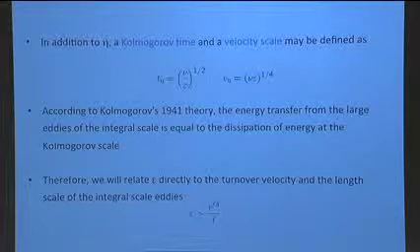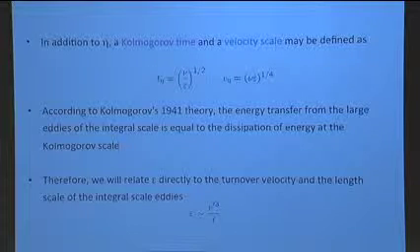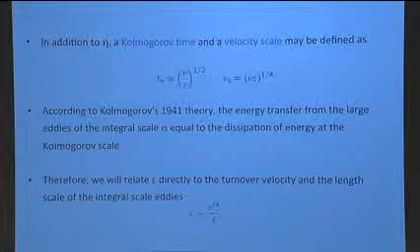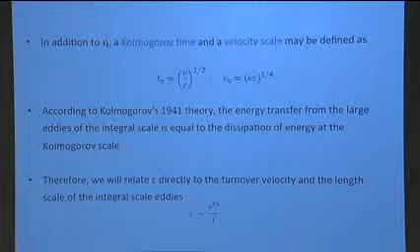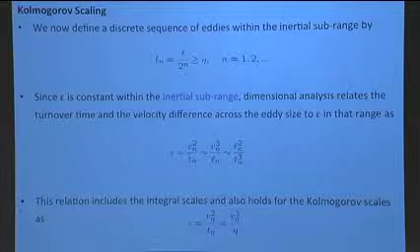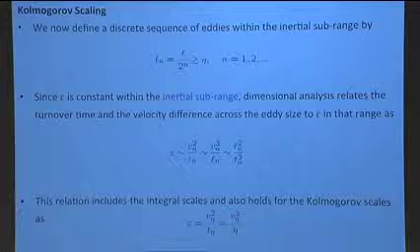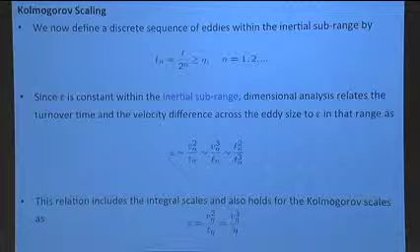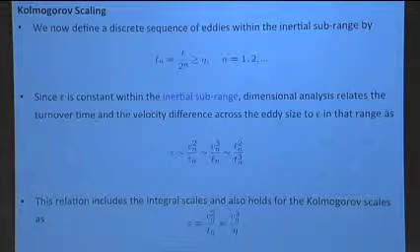Okay? So that means we can also write the integral length scale using the integral velocity scale and epsilon. And it just comes out, dimensionally it just comes out this way. Epsilon is then v prime cubed over L. But because this must be true, because all length scales just scale with epsilon, this relation must be true also at other length scales.